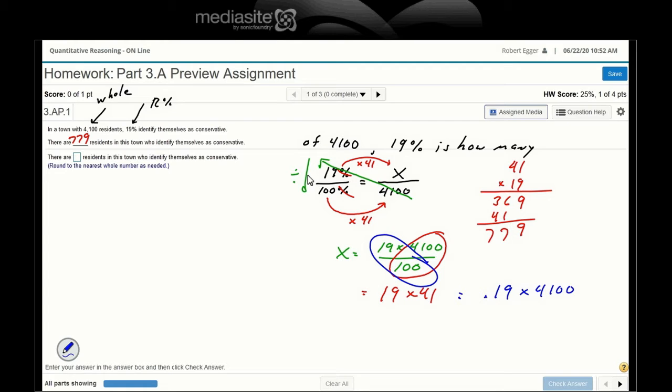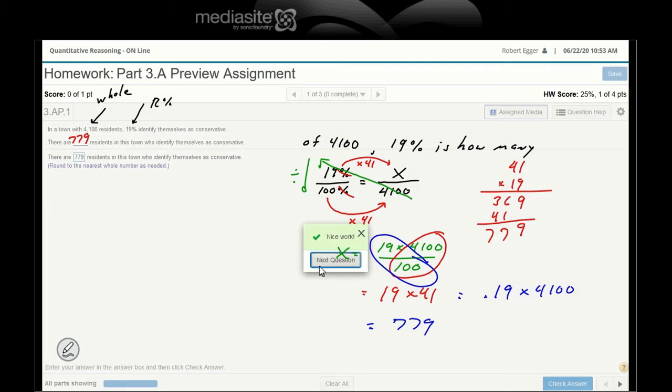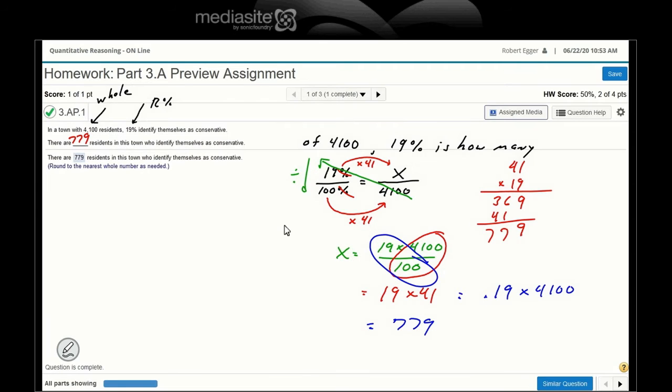No matter how you cut it, no matter how you look at it, you're going to get 779. Let's see, are we correct? 779. And yes, it is. Oh, only one part.